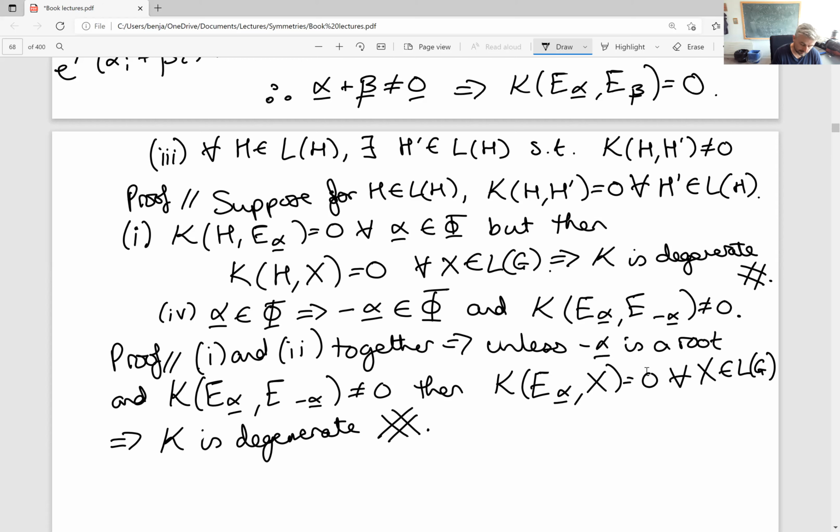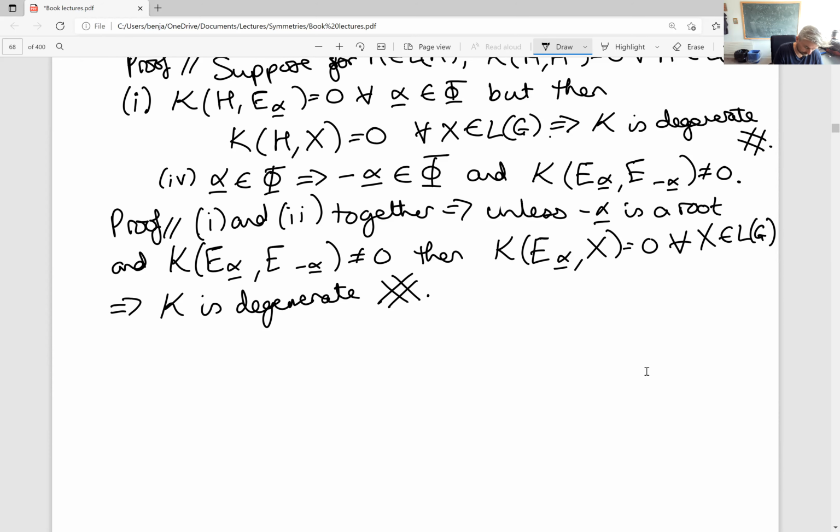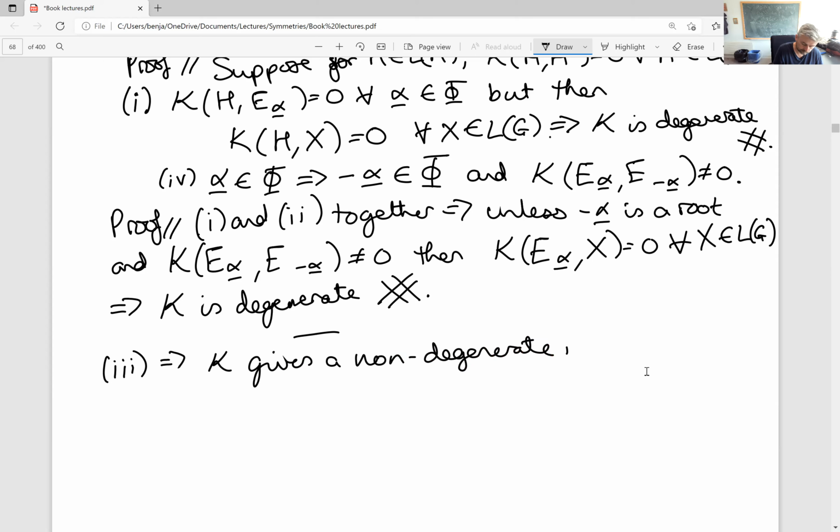3 implies that the killing form gives a non-degenerate inner product just on the Cartan subalgebra. So let's take 2 elements of the Cartan subalgebra and expand them.